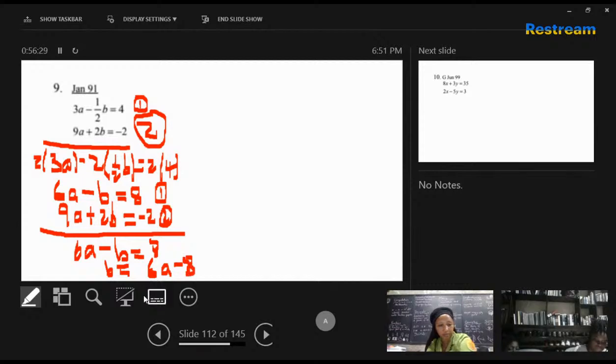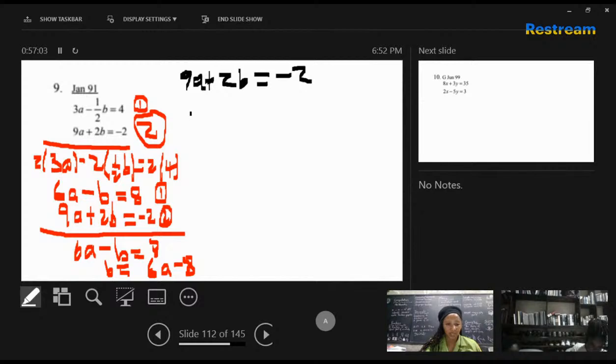Alright, so we're going to plug that in here. So we have 9a plus 2b equals negative 2.